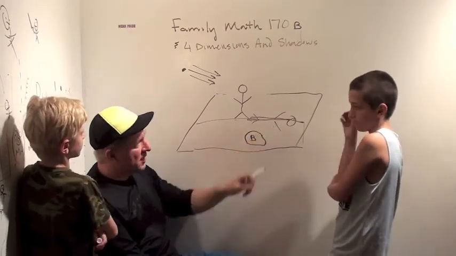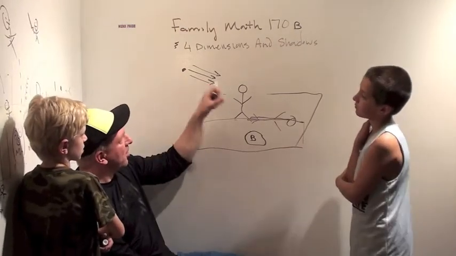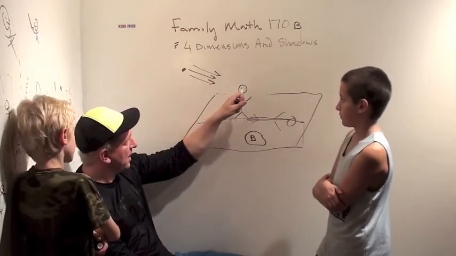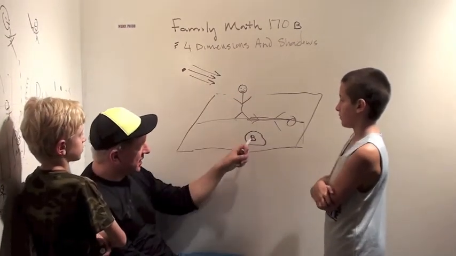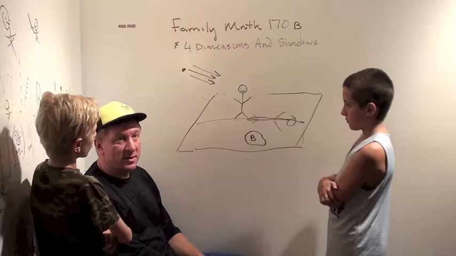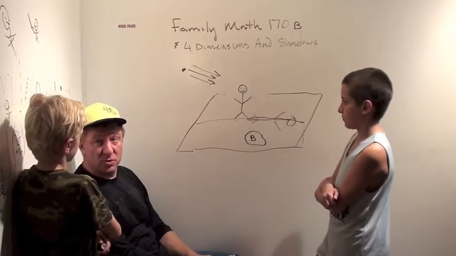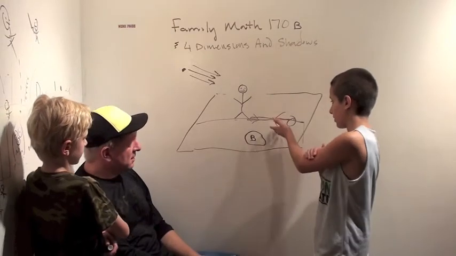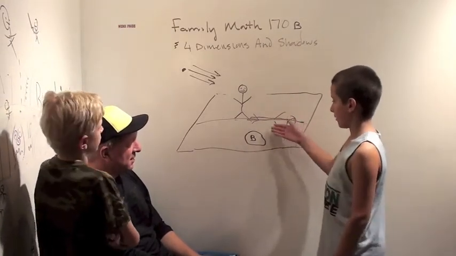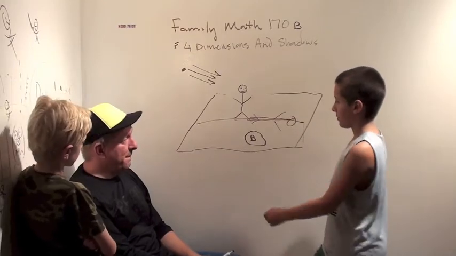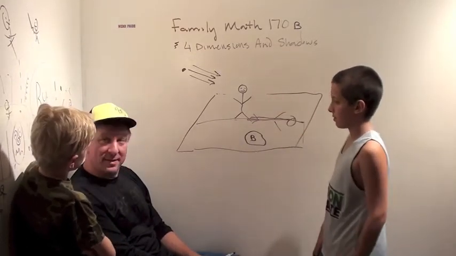But here's my question. What do you think happens to this light that's coming from our light source over here? Do you think this light helps Blob see? Well, Blob can't see that light source for sure. But if there's like a pool of light, you can see it, because it's in 2 dimensions.